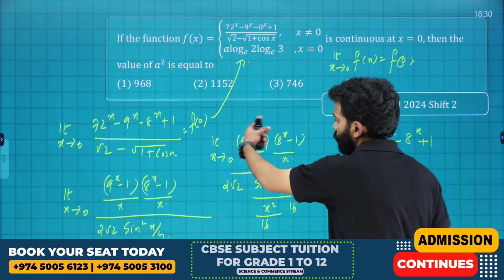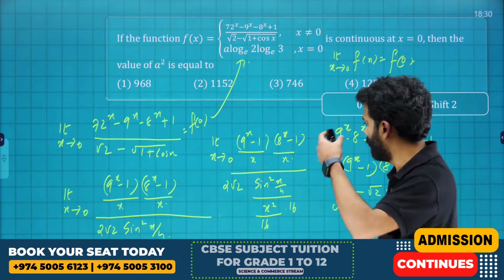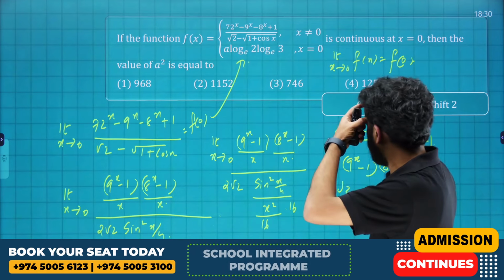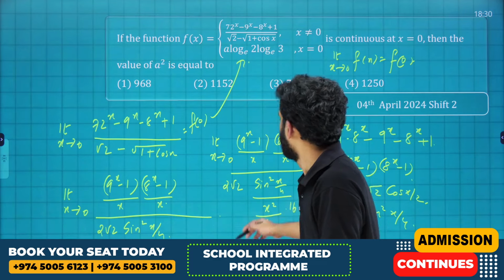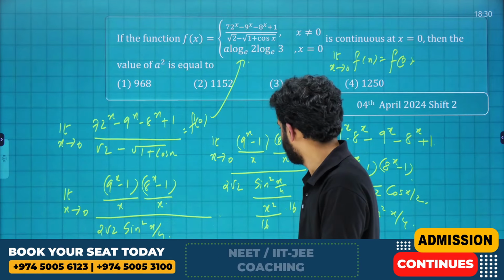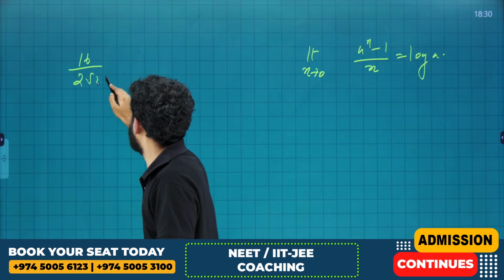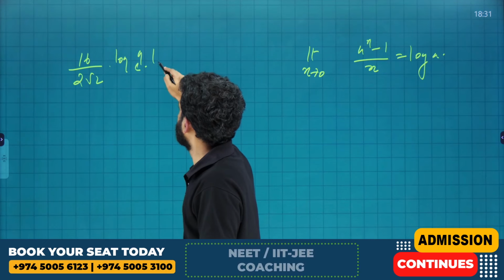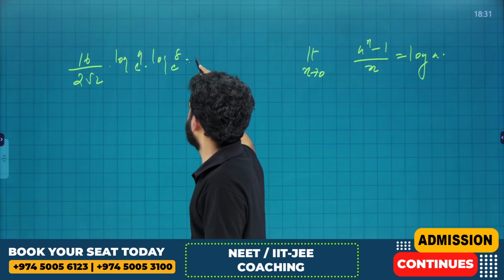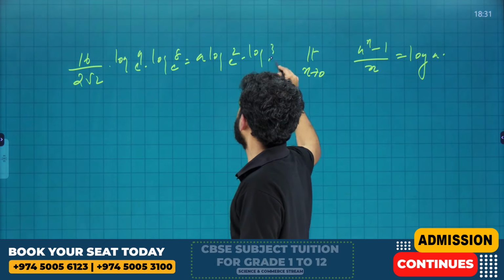Okay, therefore altogether it becomes 16 by 2 root 2, that is 8 root 2. Okay, the next slide: that is 16 by 2 root 2 into log 9 to the base c into log 8 to the base c, that is equal to a log 2 to the base c into log 3 to the base c.